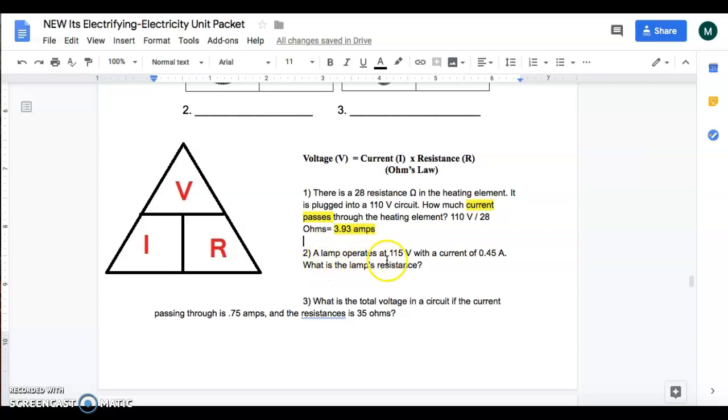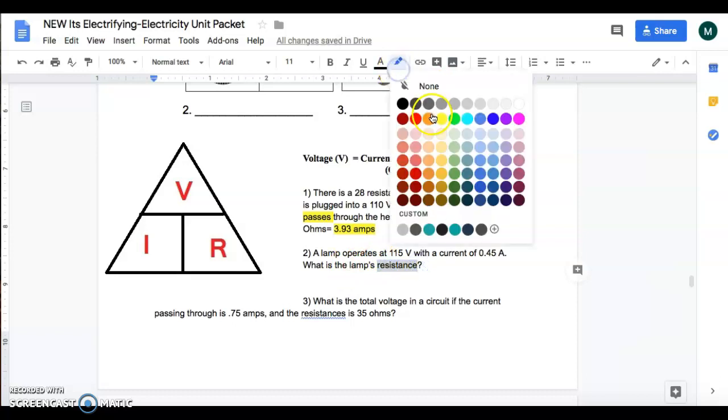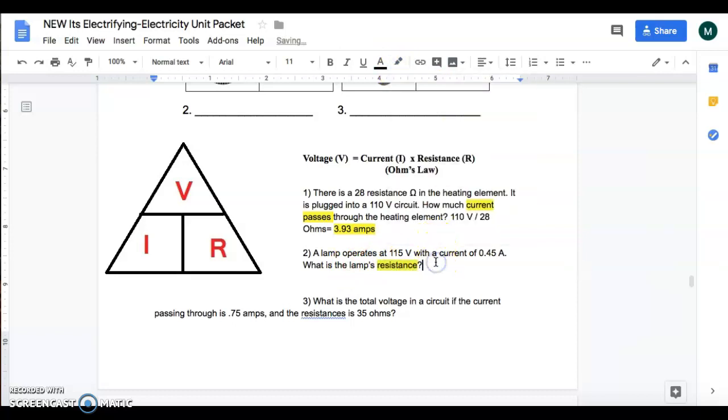Now, a lamp operates at 115 volts with a current of 0.5 amps. What is the lamp's resistance? So once again, I'm going to highlight what I'm looking for. We're looking for resistance, so I'm going to cover up the R. This time, we're going to take our volts and divide it by our I, which is our current, or our amps. So 115 volts divided by 0.45 amps.